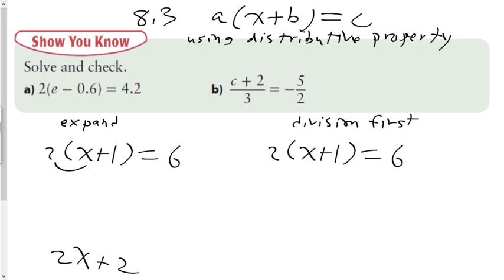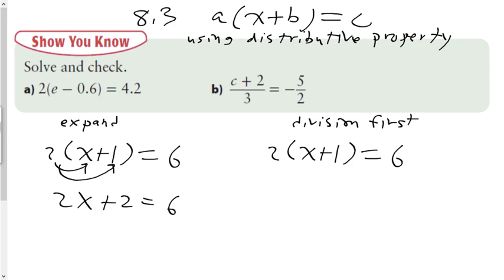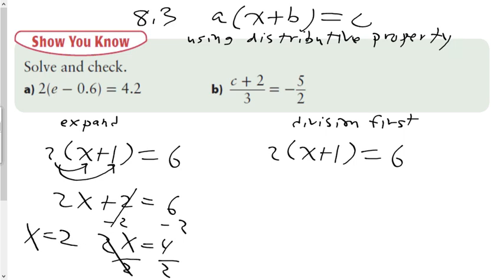So we would say I have 2x's for 2x. I have two 1's for 2, and that's what it would look like if I expanded it. So therefore, I would have 2x plus 2 is equal to 6. Once I've expanded it, I now have a two-step algebraic equation, which I could subtract 2 from both sides. 2x equals 4, divide by 2, and my solution would be x equals 2.